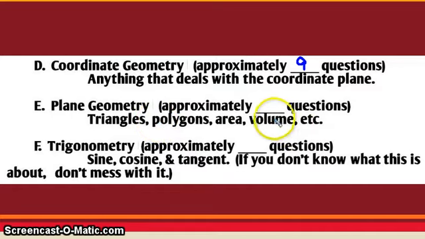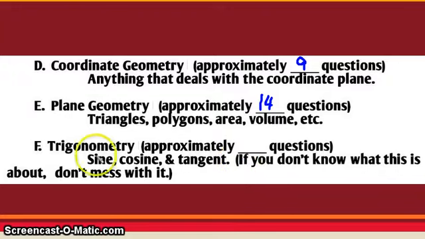So your plane geometry, though, you're going to have approximately 14 questions, and this is from research. All right, we're not just making this stuff up, but research over many ACT tests have been done, and they have found that on average you're getting 14 questions on plane geometry. So that's not something that you can skip when you're doing your studying for the ACT.